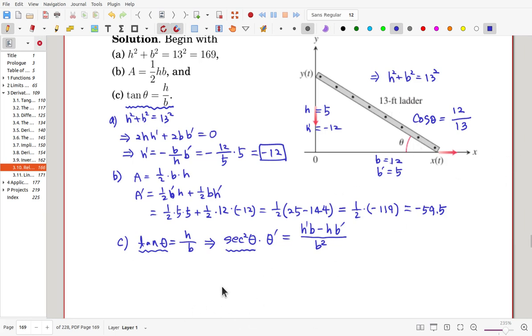So we get 13 over 12, squared, times theta prime equals b squared, which is 12 squared, in the denominator. On the top, h prime times b, that is minus 12 times 12, minus h, which is 5, times b prime, which is 5.